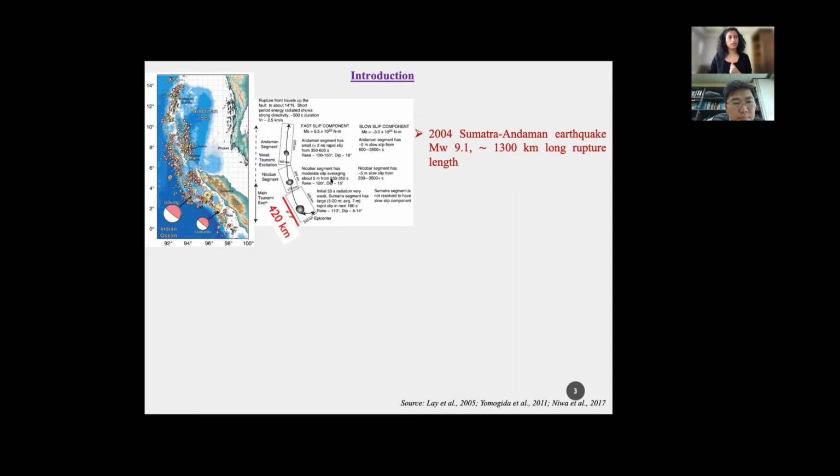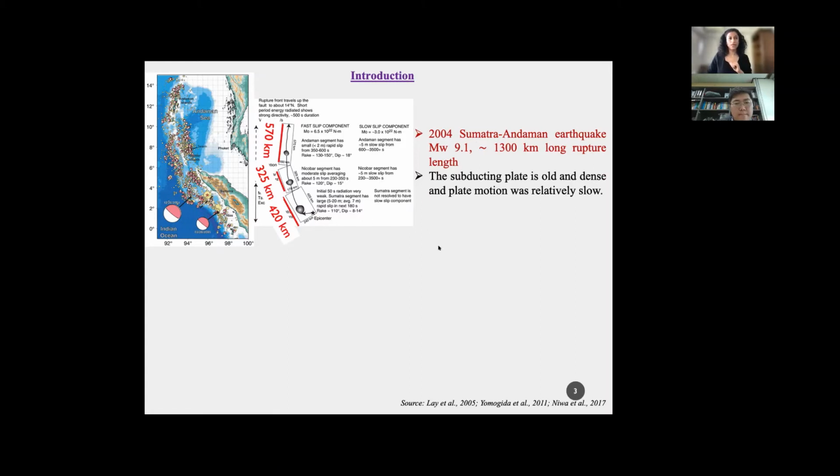Then in the next 230 to 350 seconds, it ruptured another 300 kilometers, but it didn't stop there. It went ahead and ruptured another 500 kilometers of the plate interface. So during the 2004 Andaman earthquake, almost 1,300 kilometers of plate interface was ruptured. Moreover, the subducting plate is old and dense, and the plate motion of the Indian plate is relatively slow.